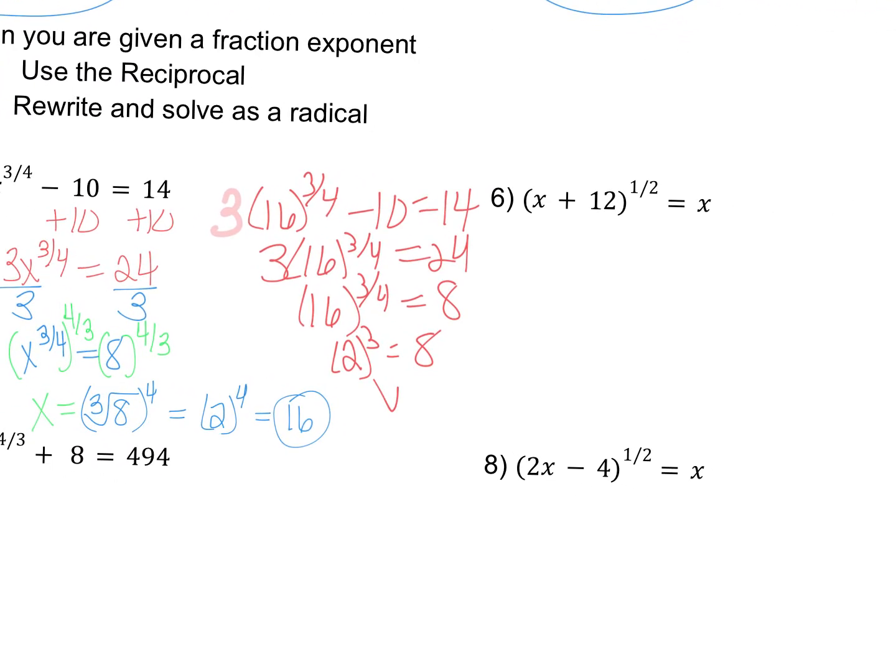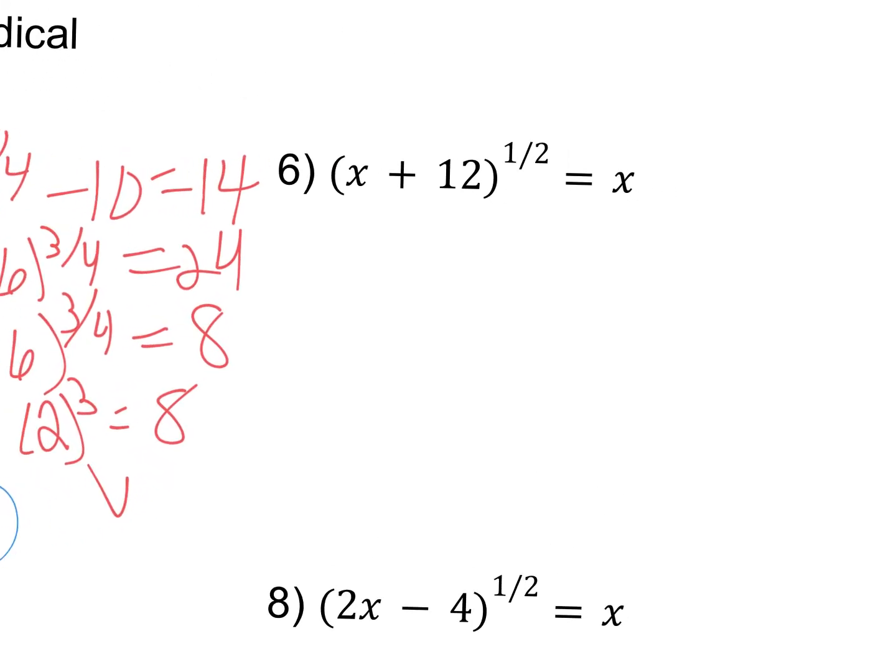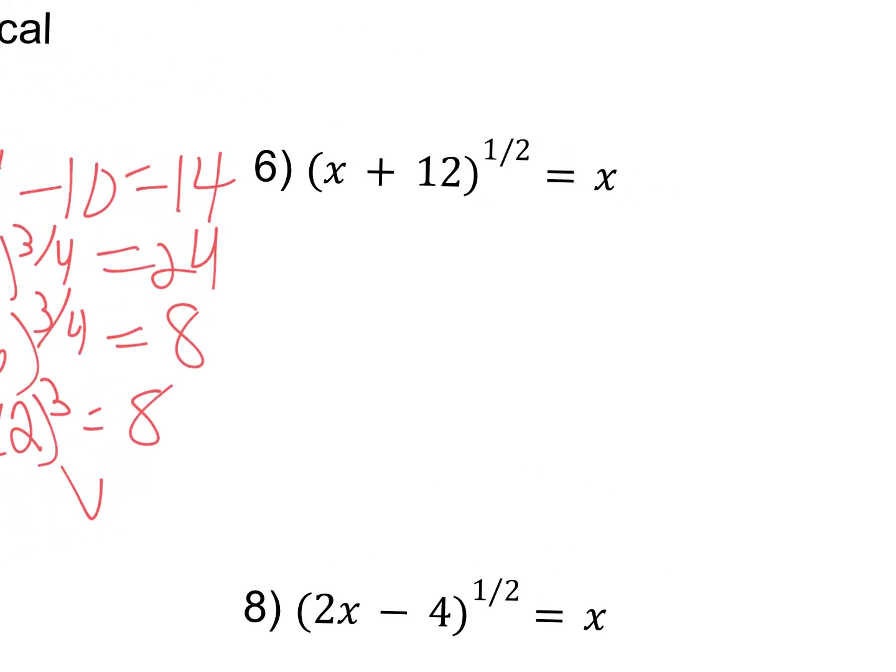Now, when we move over to question number 6, we have x plus 12 to the 1/2 power. That x plus 12 right now is grouped together with the parentheses, so we can't just subtract 12 from both sides.